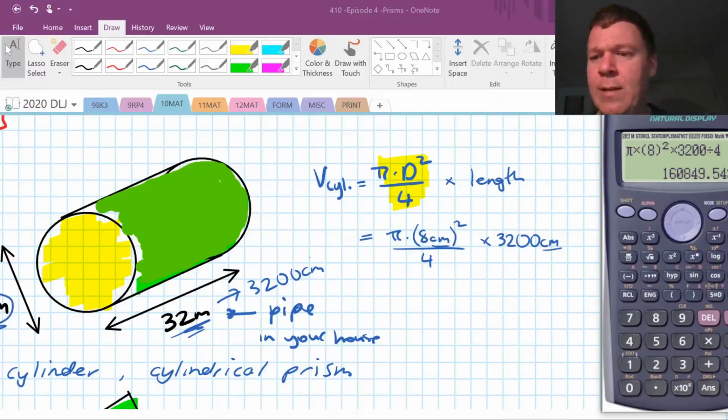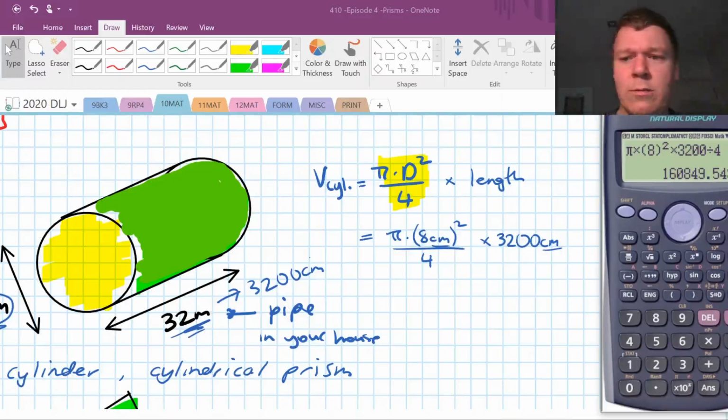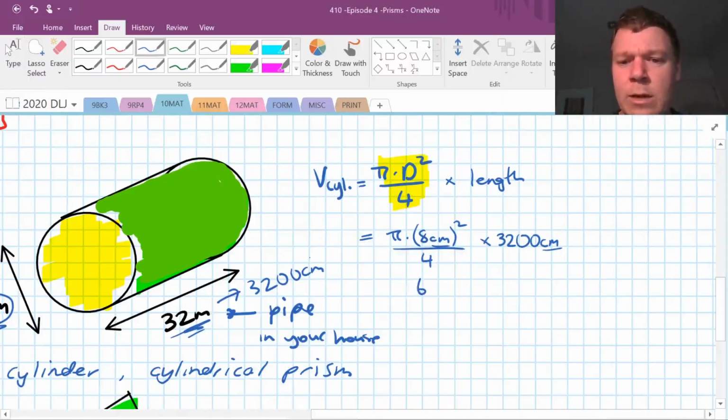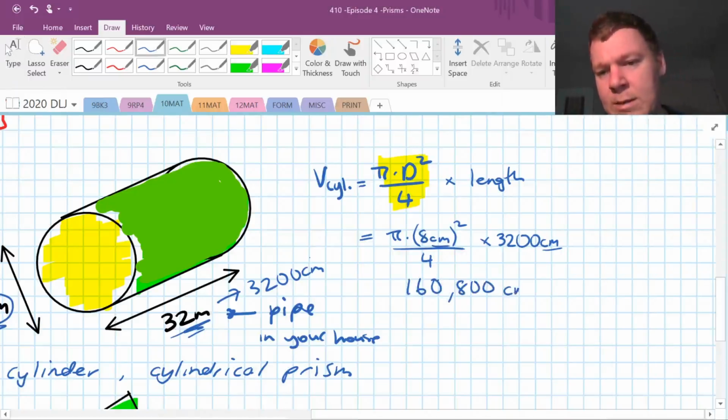All right, and that is 160,800. Whoa, yeah, that's a close one to call. 160,800 centimeters cubed, and that was 4 significant figures.